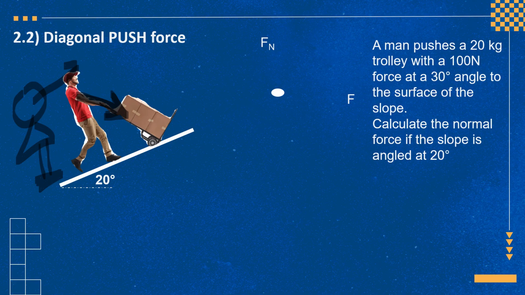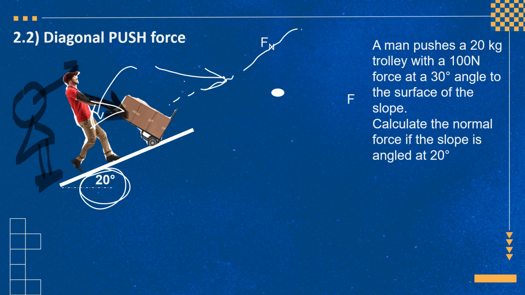All right, very important, there are two angles here in this scenario. Don't get confused. You've got the 20-degree angle with the slope, and then you've got this angle there. So your applied force is diagonal relative to the surface, so that force there is 30 degrees.